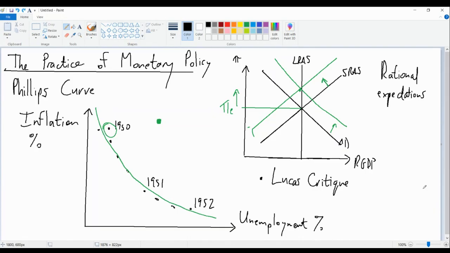And future information includes specifically what you expect the Fed to do. And that's where the Lucas critique comes in, which is basically arguing that the effect of a policy is going to be completely different depending on whether or not it was expected. Okay? Any questions, comments about that?